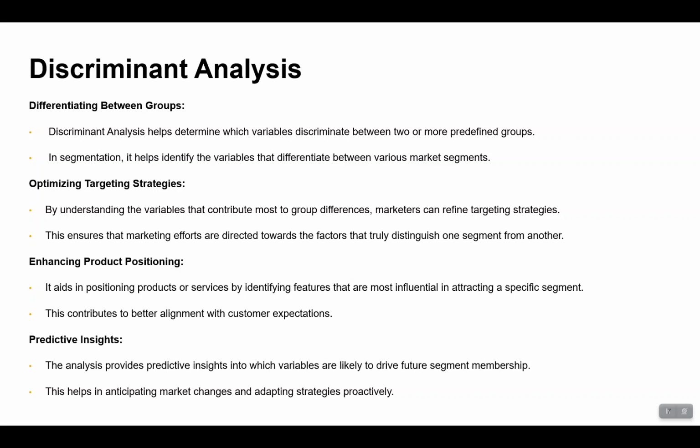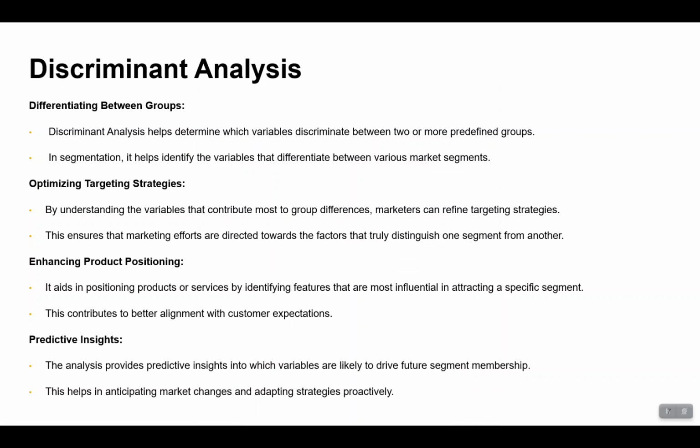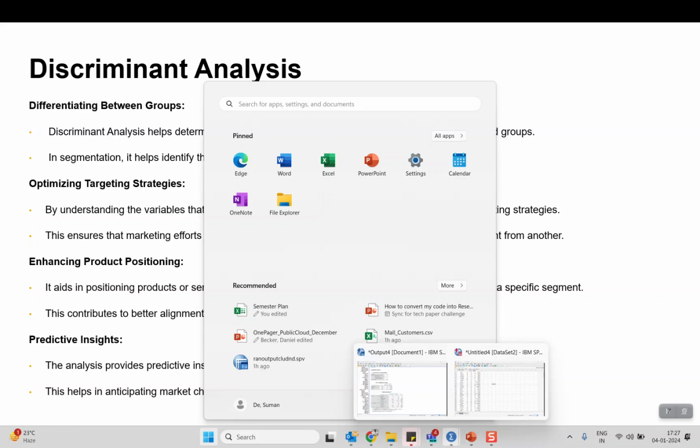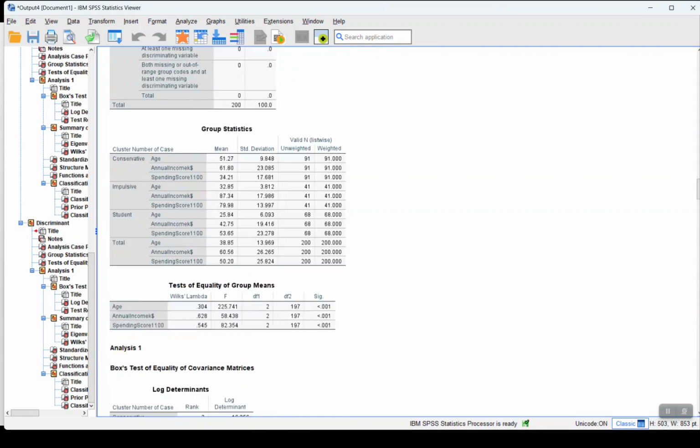Discriminant analysis basically helps us differentiate between groups, optimize targeting strategies, enhance product positioning, and predictive insights. So, without wasting time, we will quickly look at the cluster that we had created.